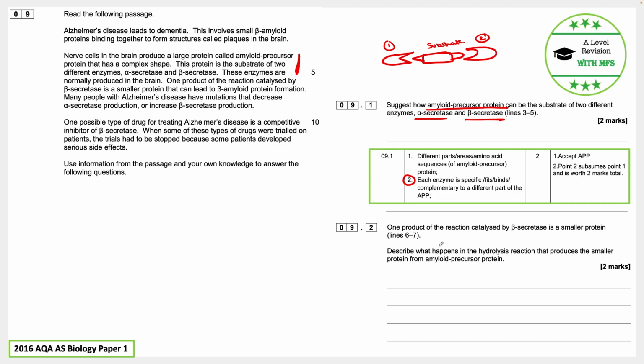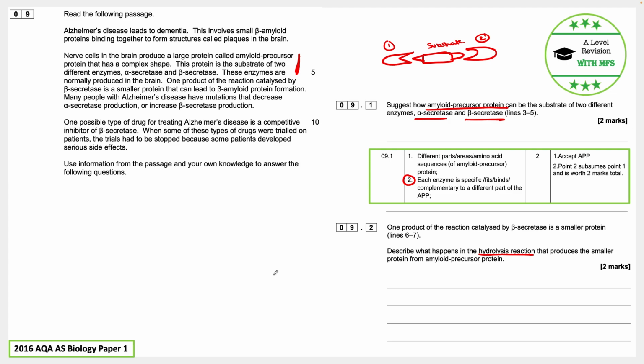The answer is clearly mentioned on the spec. During a hydrolysis reaction you're breaking up a larger protein which has many amino acids bound together, and you're adding water. Condensation reactions release water, hydrolysis reactions use water.